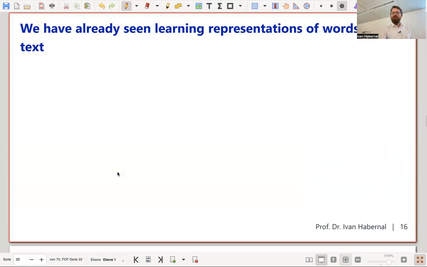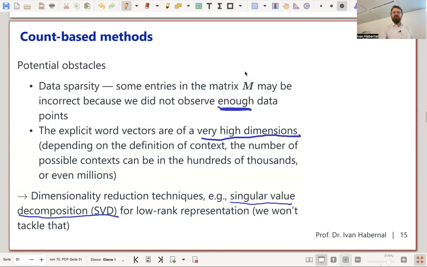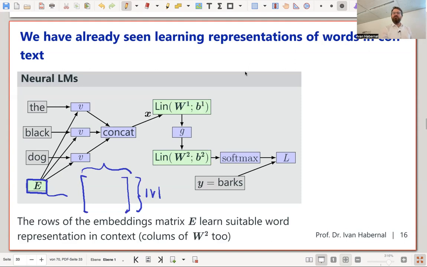Here the dimensionality of this matrix, all the possible contexts could be large. It might be the number of categories, but in this case, in the neural language models, there are no categories. There's nothing.